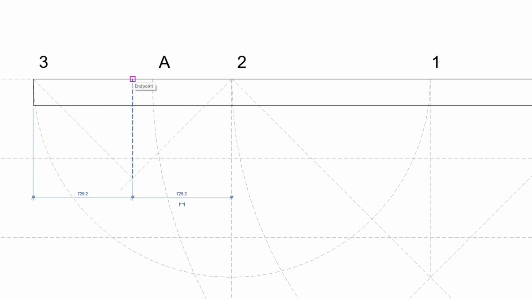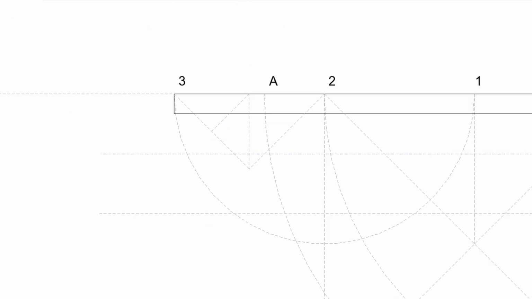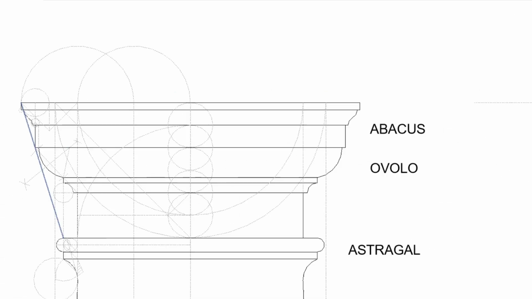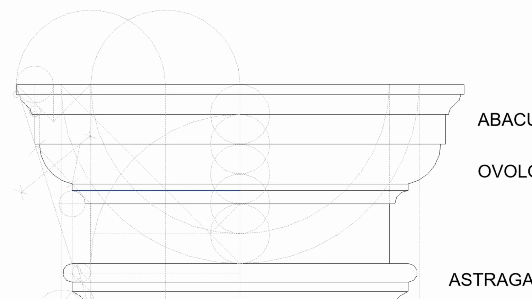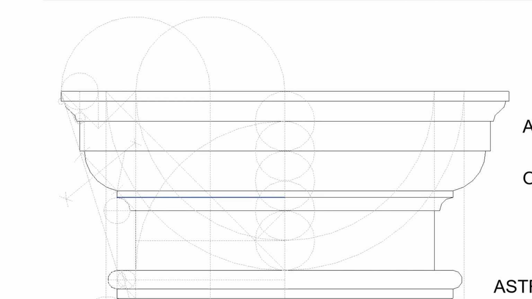And then you've got to divide it in half again. So just go from this vertical line you just constructed. It's in half again. See that? I'm probably not going to label those points because I don't think it's quite necessary. I think we'll live without labeling those.